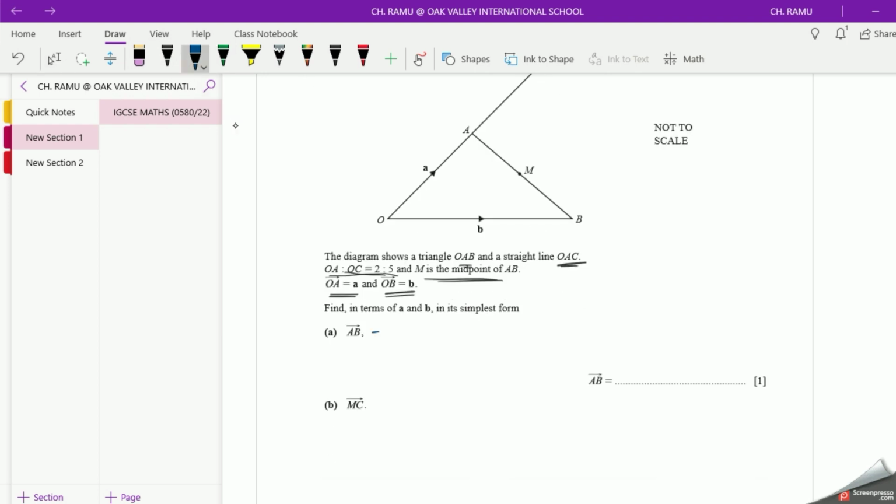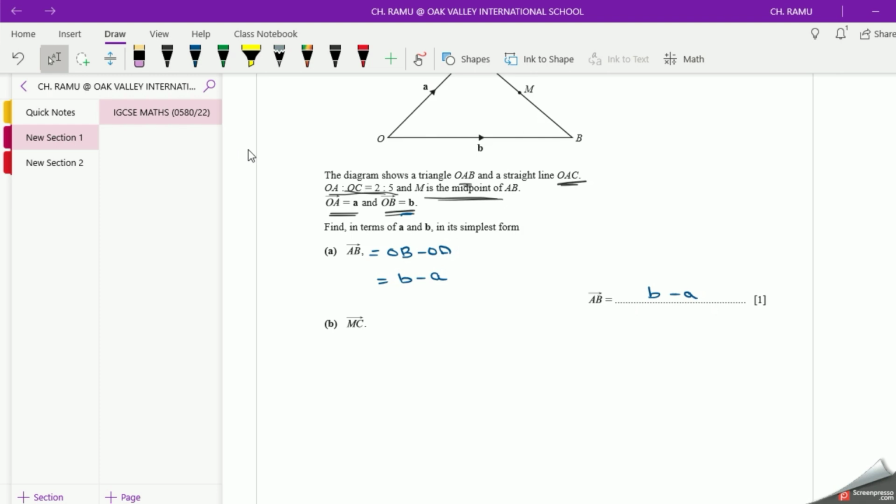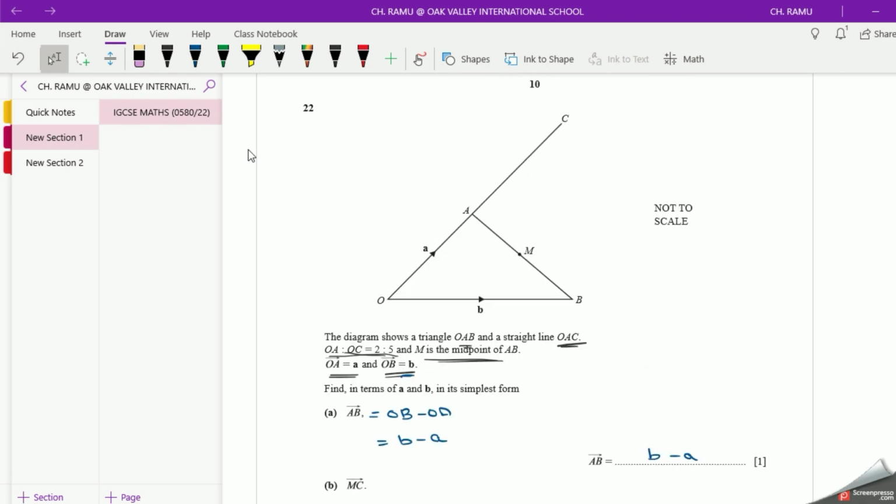AB can be written as OB minus OA. OB is nothing but b, OA is nothing but a. So AB is equal to b minus a. Now we need to find out the value of MC. To find out the MC, just join these two and join these two also.